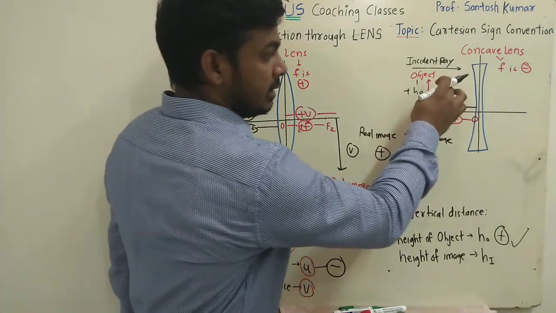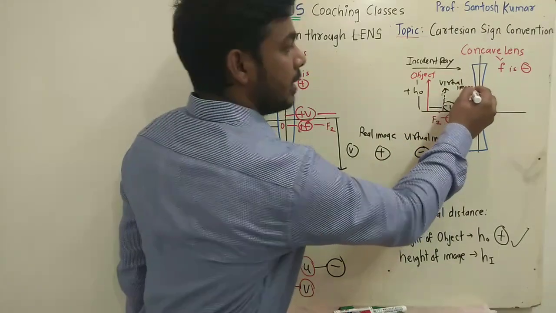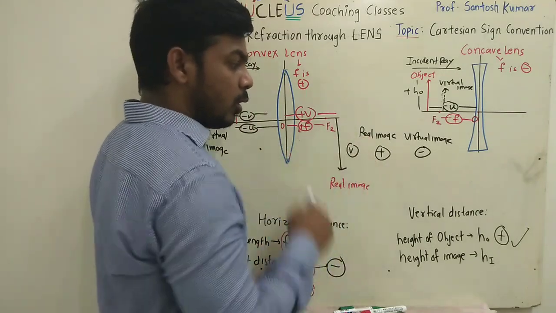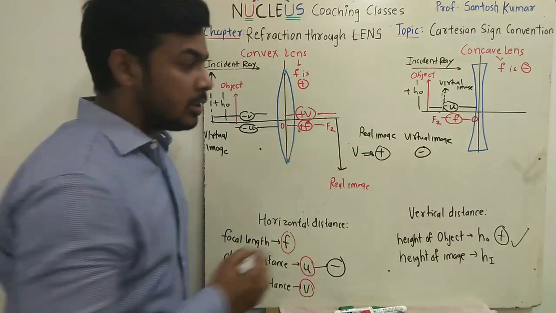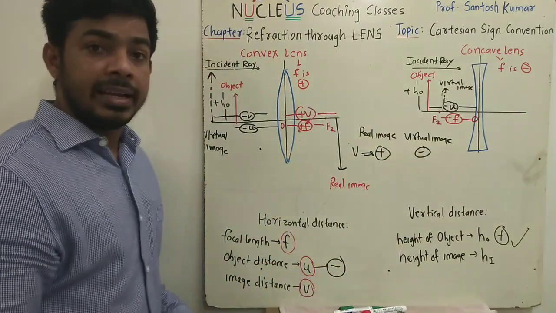So remember, for sign convention, for real image, image distance v will be taken as positive, and for virtual image, distance v will be taken as negative.